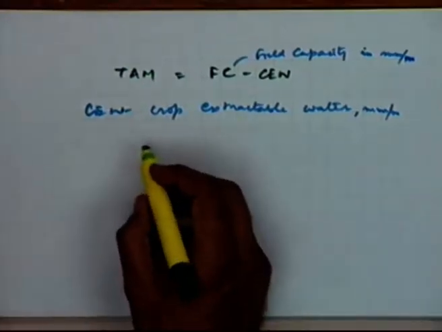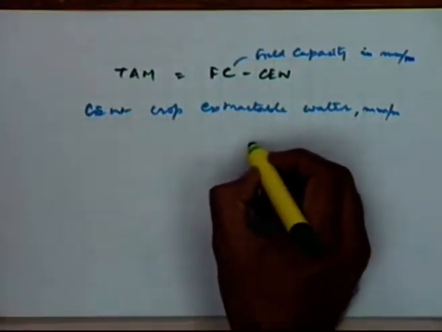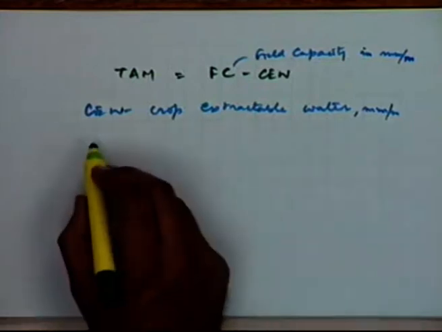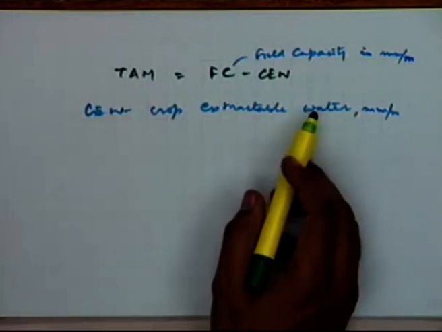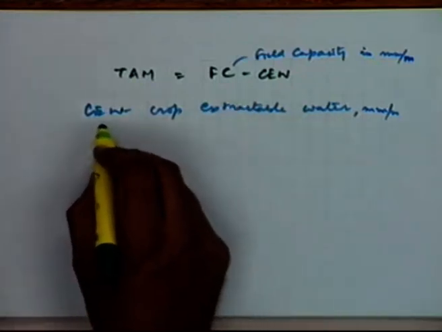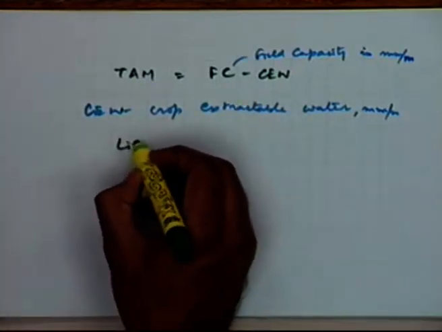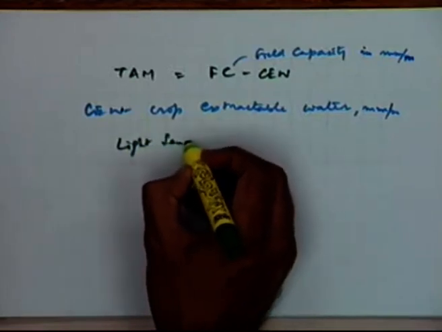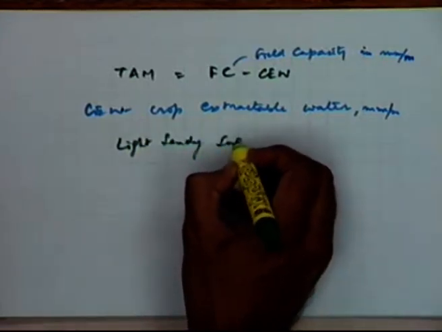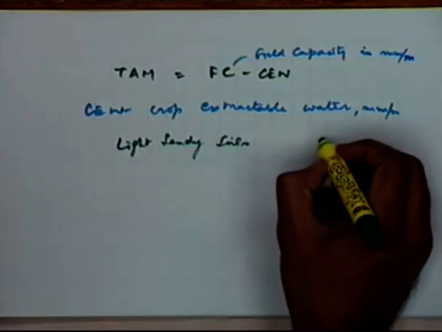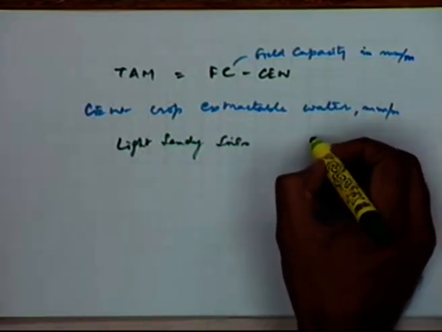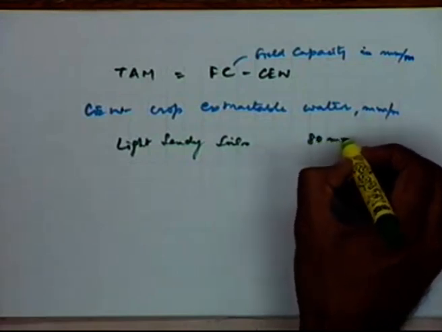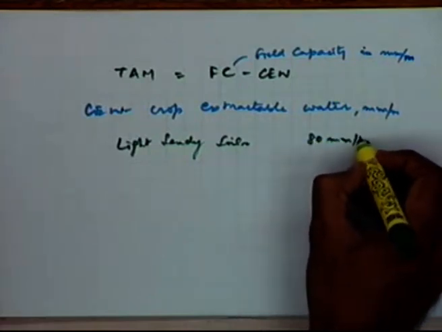Now, the TAM, as we have just said, is a function of the soil type. For light sandy soils, the TAM is around 80 millimeters per meter, sorry.